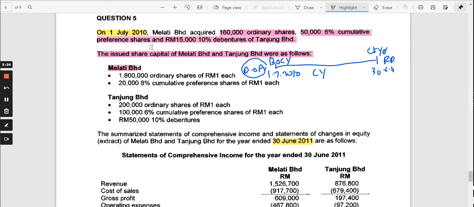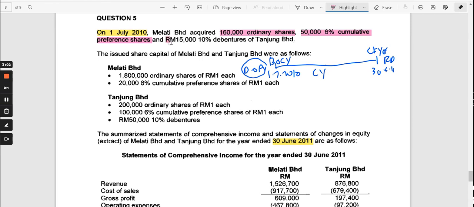A cumulative preference share has priority rights over the claim of dividends, where the company declaring them needs to provide for them in its financial statements. If the shareholder does not receive the dividends this year, they have the cumulative right to receive the arrears of dividend in the following year.